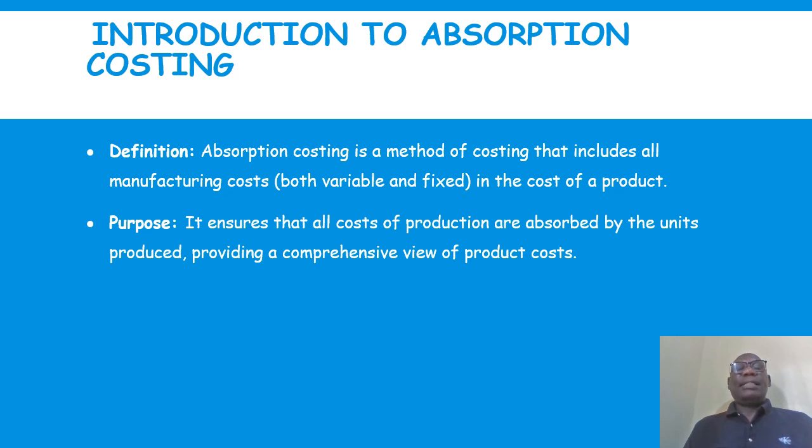In this regard, we are looking at both variable and fixed costs in the costing of a product. So we are saying that absorption costing is simply a method or approach which is used to cost all manufacturing costs that relate to a product.